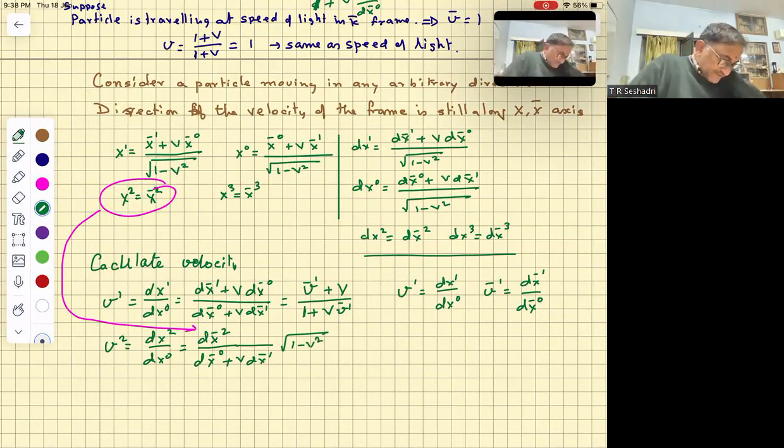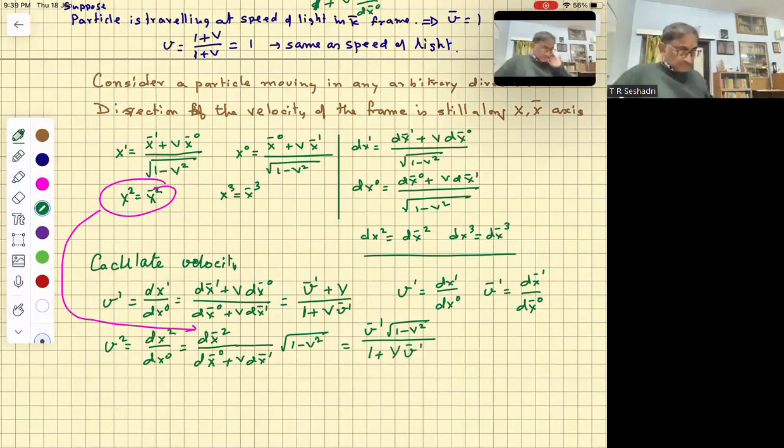Now if I divide dx2 by this, this is equal to V bar 2 times square root of 1 minus v square divided by 1 plus v V bar 1.